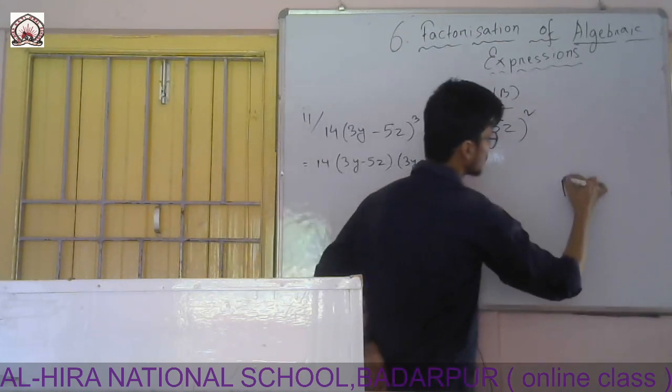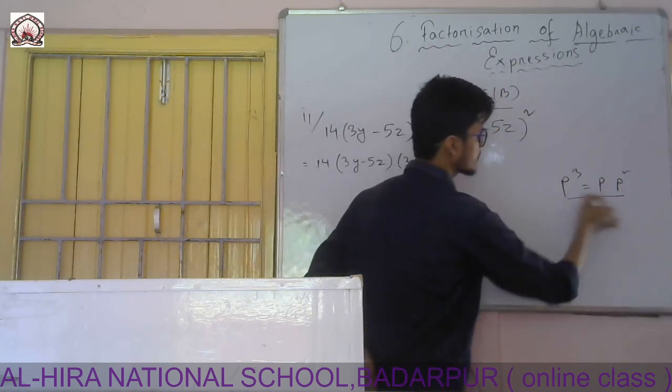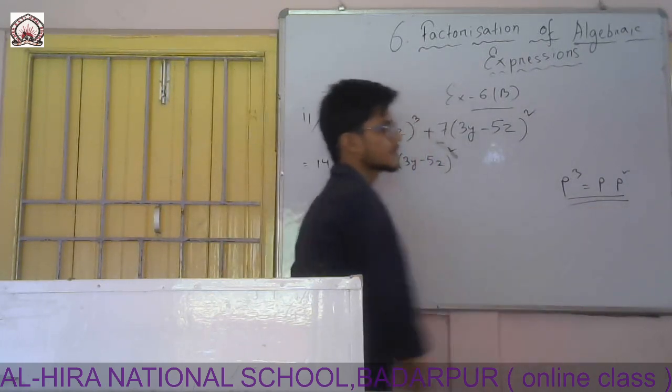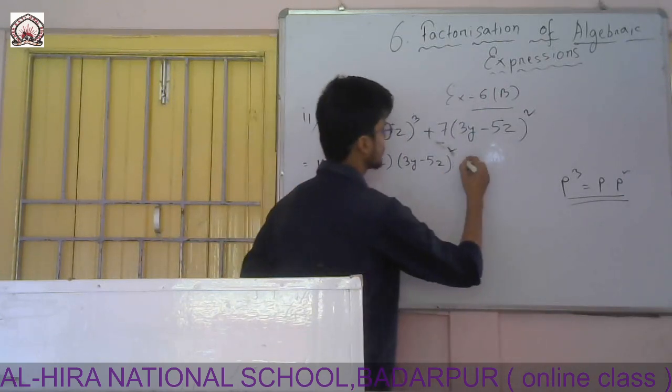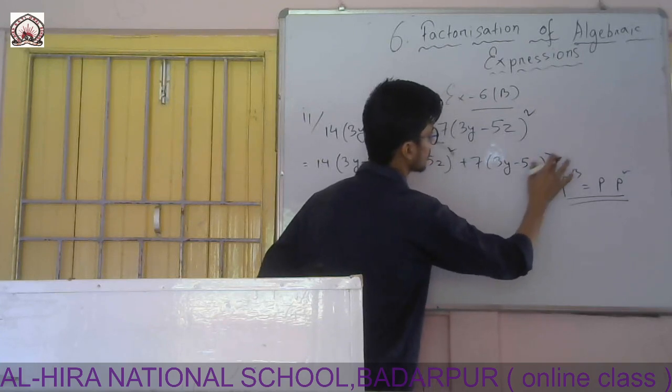Can I write p cube as p into p square? I can write it like this. Directly you can write, but if you do it this way you can understand it better. And this part will be the same, plus 7 into (3y minus 5z) whole thing square.